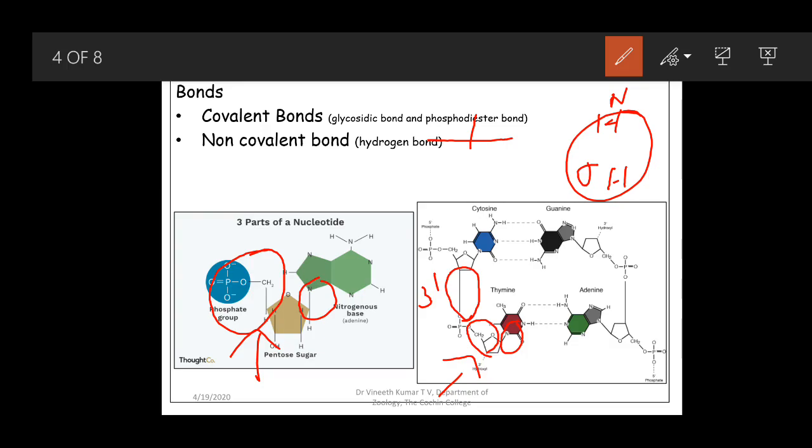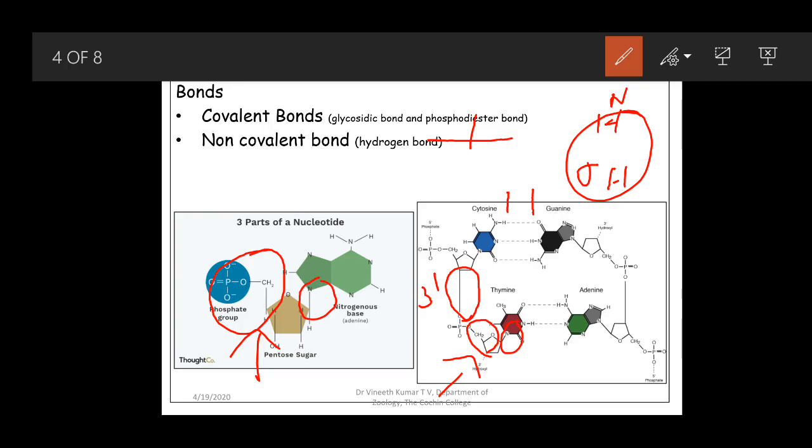A hydrogen bond is a bond formed between a hydrogen and an electronegative atom. Here you can see an oxygen and here you can see a hydrogen. A bond which is formed between a hydrogen and an electronegative atom is called a hydrogen bond.